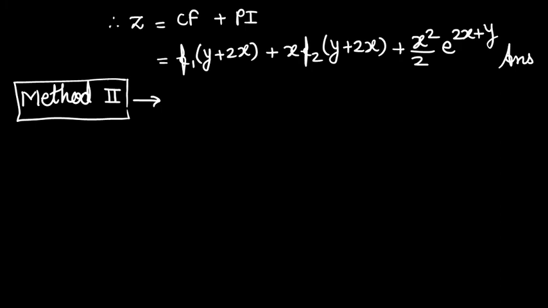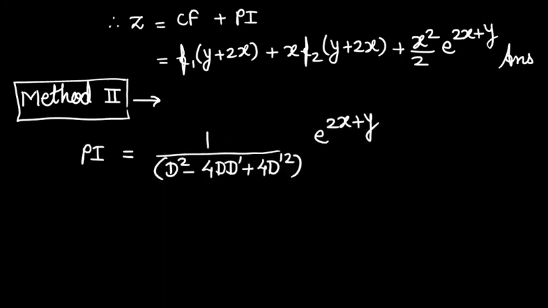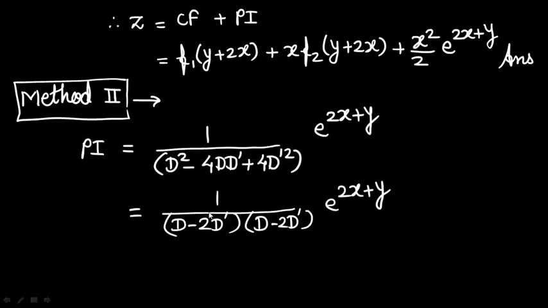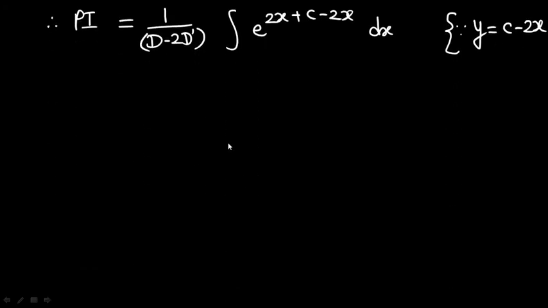Now method 2, that means we are applying case number 6 here. Here, factorize the term 1 upon D minus 2D dash, and D minus 2D dash, which are the roots of this equation. Now we consider one factor, 1 upon D minus 2D dash, and the substitution is y equal to c minus 2x, that means D equal to 1 and D dash equal to x.